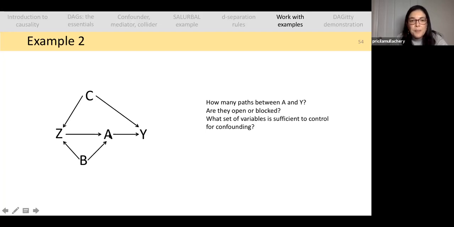So you have this path A, B, Z, C, Y. You have this path A, Z, C, Y, but you don't have a path that goes like A, B, Z, A, Z, C, Y, because it can never go twice over the same variable.